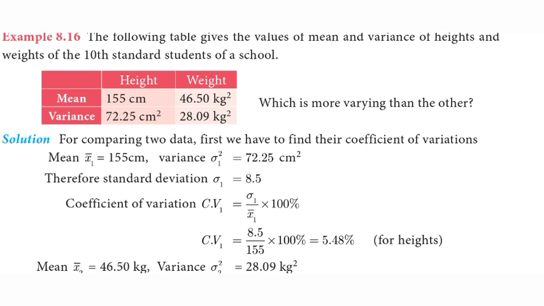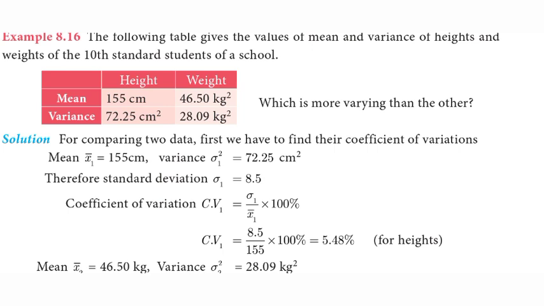Therefore standard deviation sigma 1 equals 8.5. CV formula: CV1 equals sigma 1 divided by x1 bar into 100. The square root of 72.25 is 8.5.